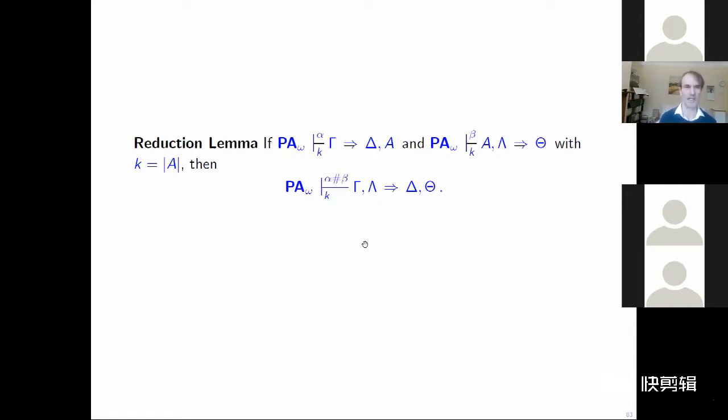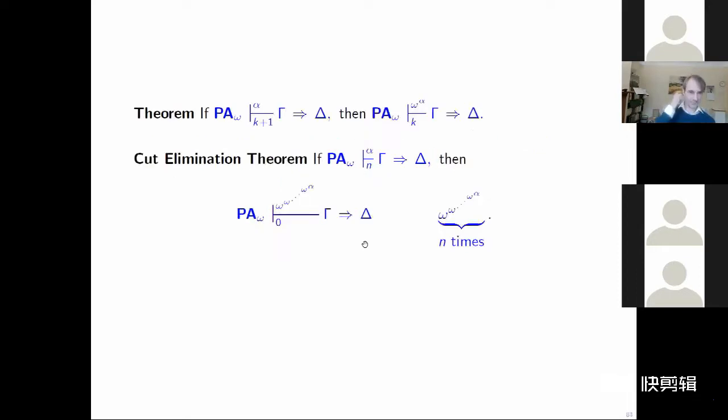And then this can be used to get rid of all the cuts. So basically, reducing the cut rank of the derivation from k plus 1 to k results in a cost where you go from alpha to omega to the alpha. And then you can repeat this, and in the end you get rid of all the cuts in the derivation.